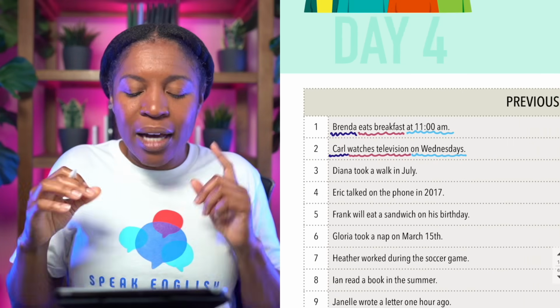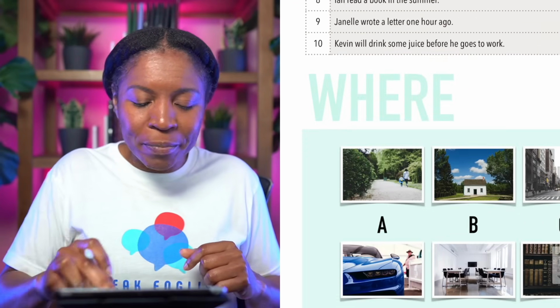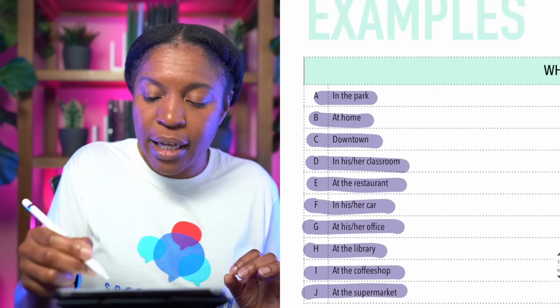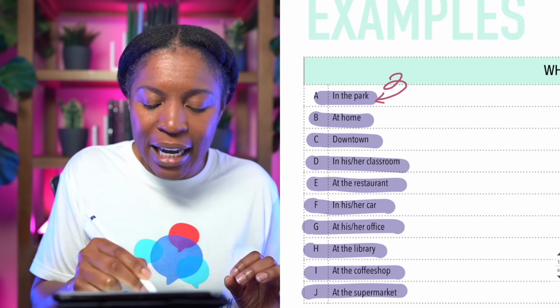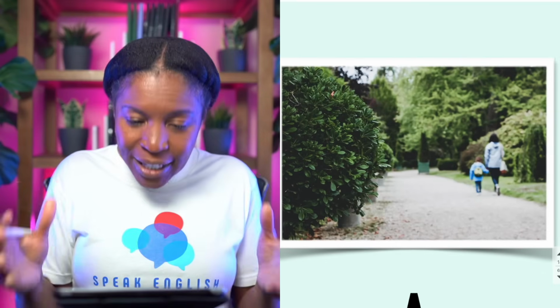Now it's time to add the where. So we come down and remember our where, the first one we're starting off with right here is in the park. So look at this image. Now going back to earlier, what I was explaining to you. Yes, we could simply say that, this is a park.